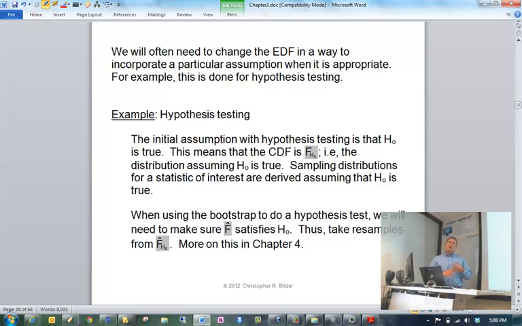Now, another way to discuss things in terms of a semi-parametric manner is to make some kind of distribution assumption, but not a full one, but in a different way. And so this is in particular often done in hypothesis testing.